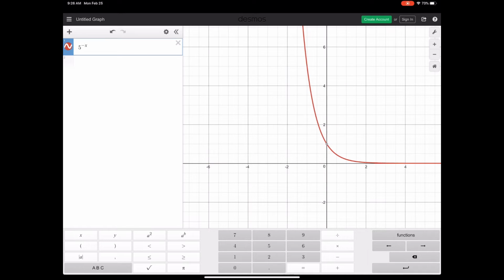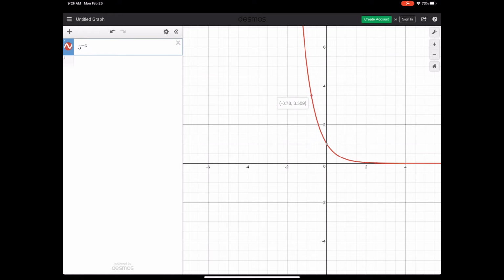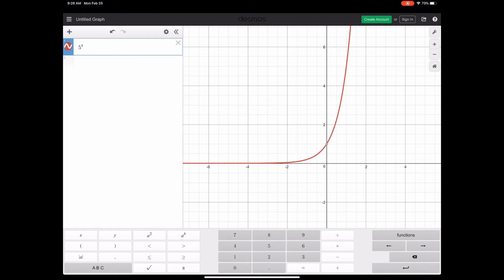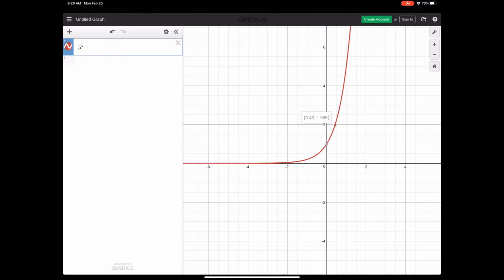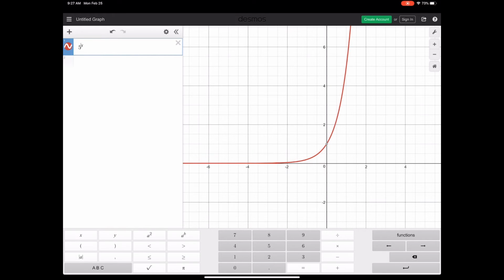Whoa, what did it do? Let's go back. I'm going to add the negative again. It basically flipped it. If you can see, it's going this way now. It used to go this way. So your question has to be now, I'm just adding and subtracting a negative to the exponent.